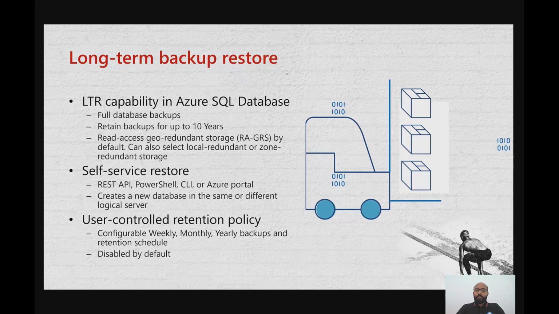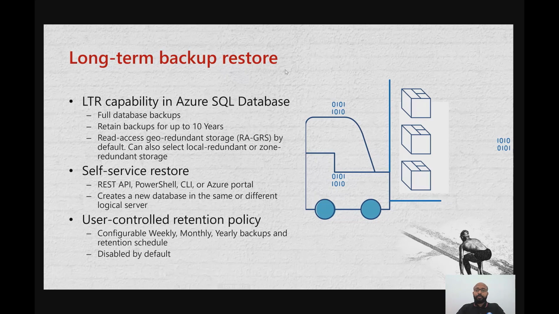These backups are stored in read-access geo-redundant storage by default. Users can use the long-term backups to restore the database using Azure Portal, PowerShell, CLI, or API. And the restore operation creates a new database either in the same logical server or a different logical server based on user's choice.